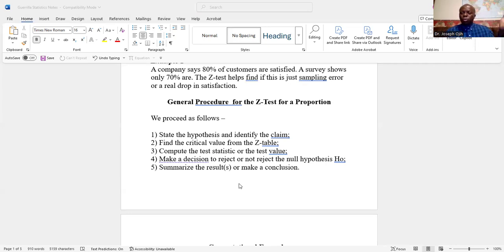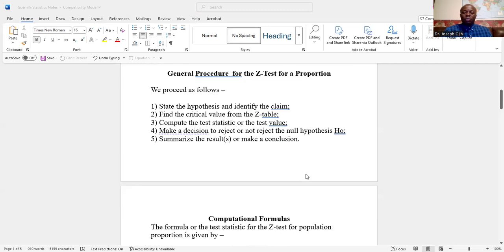So you can go and watch some of them if you forgot how to do it. Then next thing is to find the critical value. That is step 2. Step 3 is to compute the test statistic or the test value using the given formula. And then step 4 is to make a decision to reject or not to reject the null hypothesis. We normally represent the null hypothesis with H0 and alternative H1. Then the last step is to summarize the results or make a conclusion.